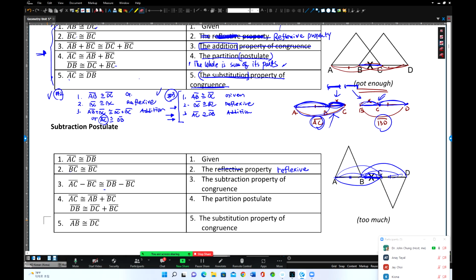So how do I get AB plus BC equal to AC? That is the partition postulate. This is a bit weird one. Okay, just give me 1 minute. I'm going to correct this one.